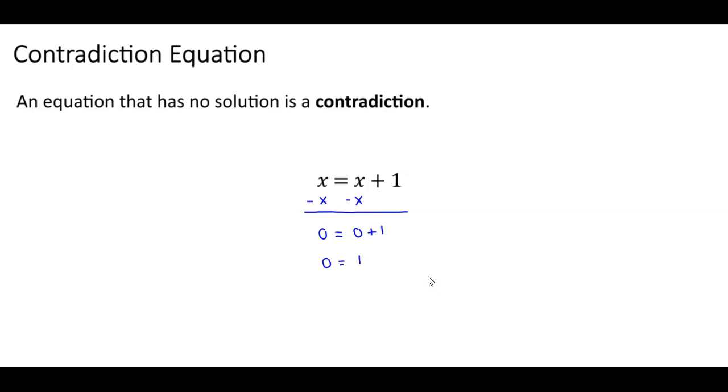Now, what does this statement tell us? Well, we know that 0 does not equal 1, and that gives us a false statement. So whenever you get a false statement, that means that you are getting a contradiction. Ultimately, what you would say here in this case is that there isn't a number that satisfies this equation, no matter what you pick for x.